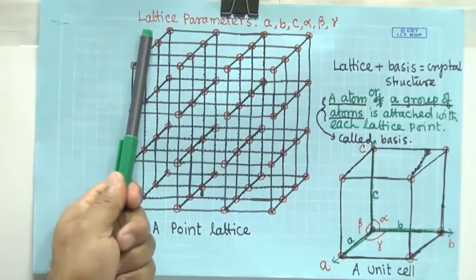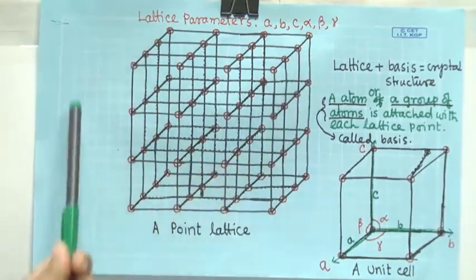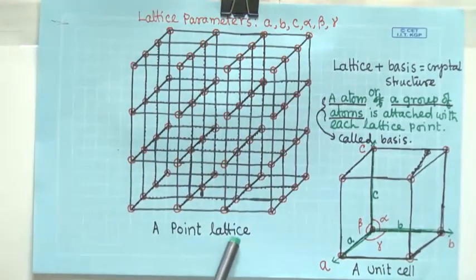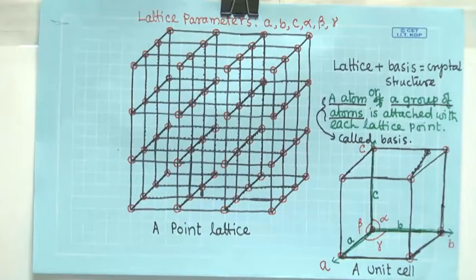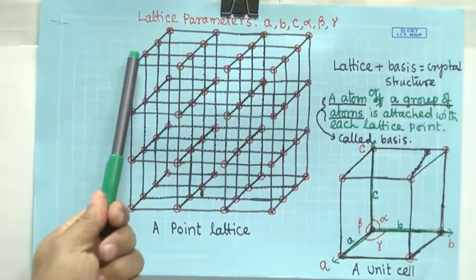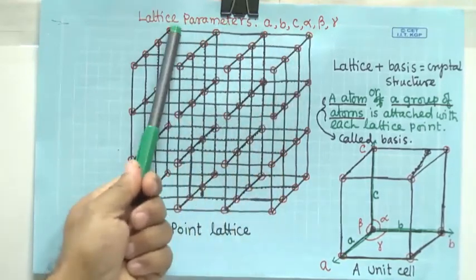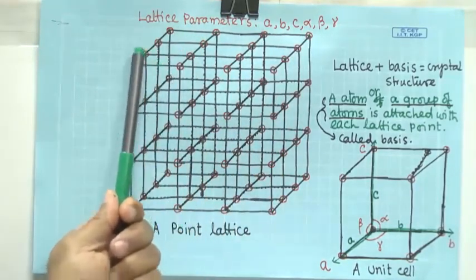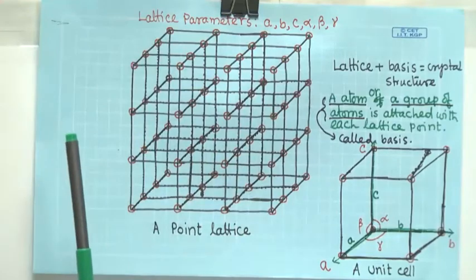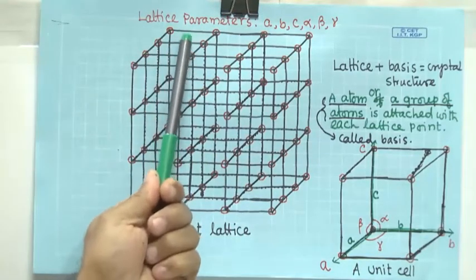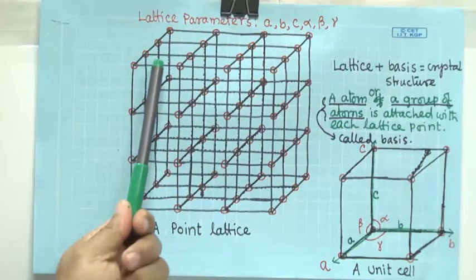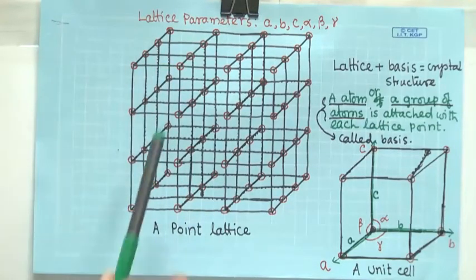Here I have drawn a lattice. This is called a point lattice. You see, in space I arrange atoms, and from that arrangement one can divide the whole material into some units.